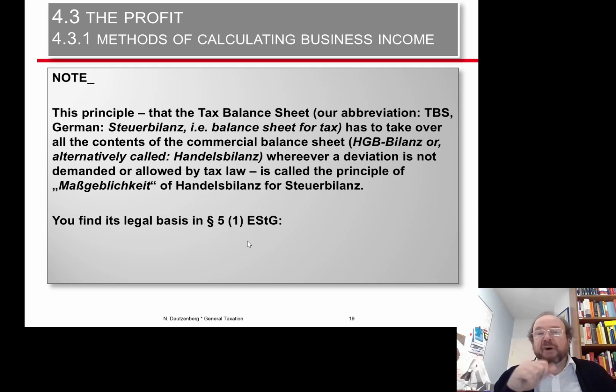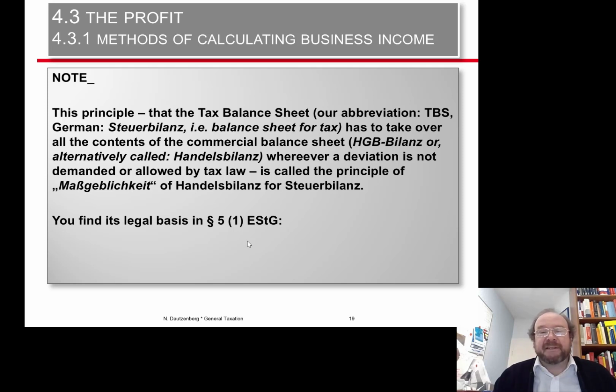Now Maßgeblichkeit means that you have to take over. If something is maßgeblich, then it's the ground for something or decisive for something. And the problem is, as the term, as a technical term, only shows up in that context, it is probably not adequate to translate it at all.